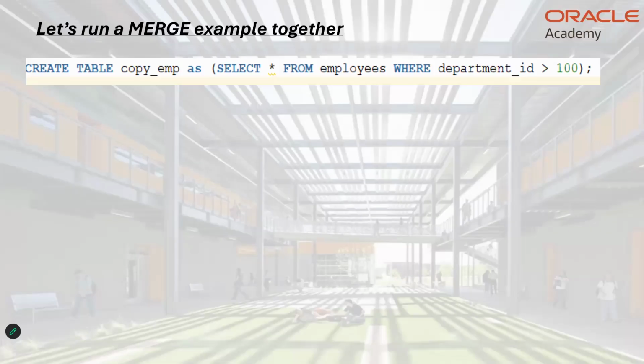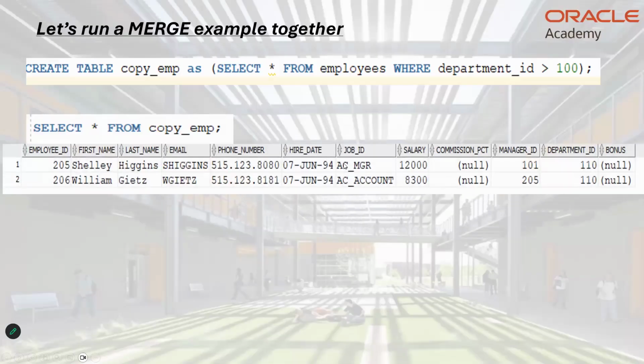Make sure you have data. All right. Are we all good with the data? It should be, well, at least 2 employees, Higgins and Geitz. Right? Got all that data in there? Good job.